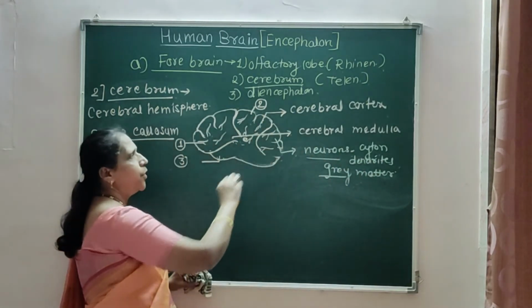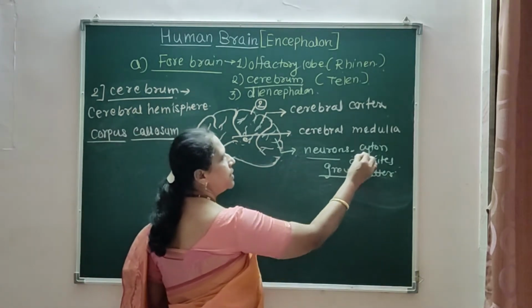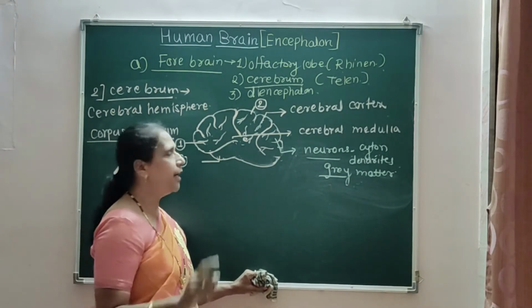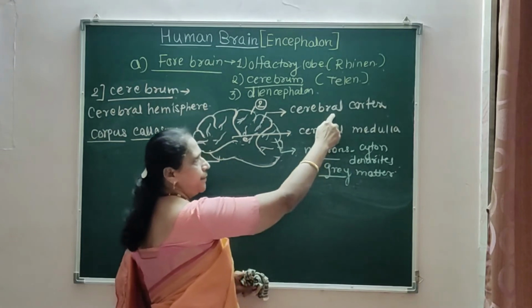The outer part of the brain, or cerebral cortex, is made up of cytons and dendrites which are without myelin, due to which it appears gray. It is formed by gray matter.